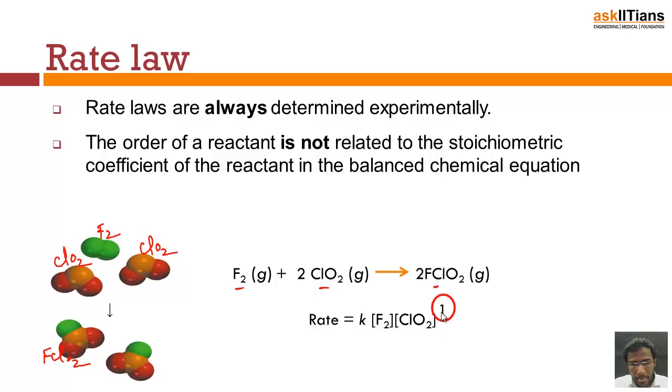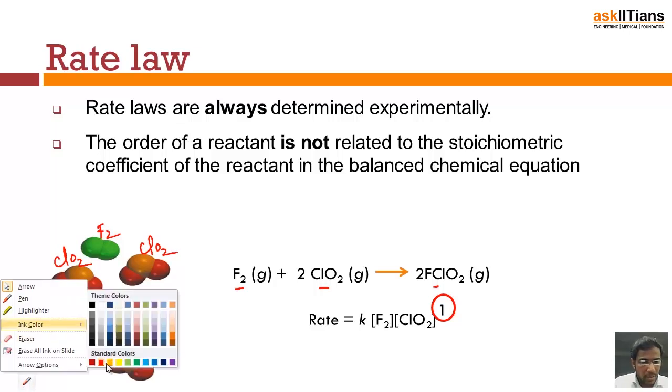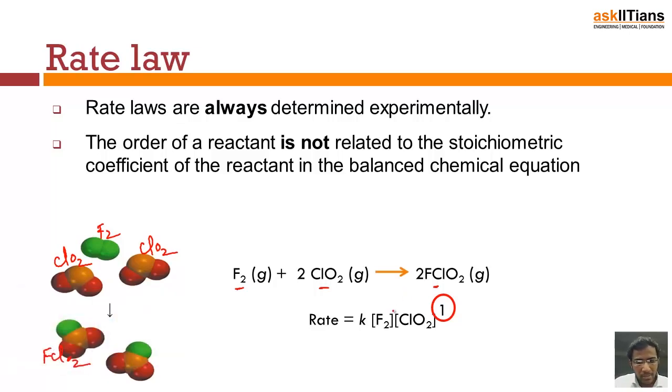If you see here, the F2 exponent is 1, but the ClO2 stoichiometric coefficient is 2, because this is experimentally determined. Here it is not equal, but here this 1 is also 1, which is equal. So one exponent may be equal to the stoichiometric coefficient, other may or may not be equal. So here it is equal, but it is 1 and it is 2, which are not equal.